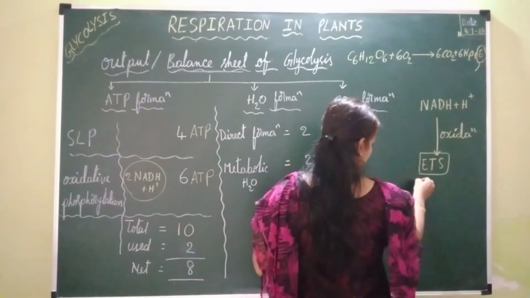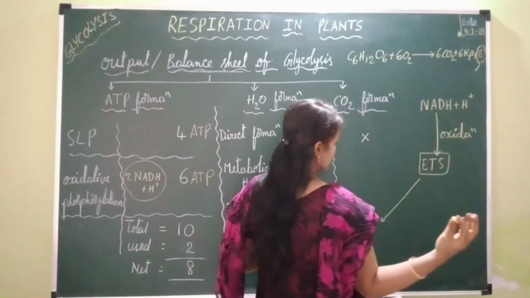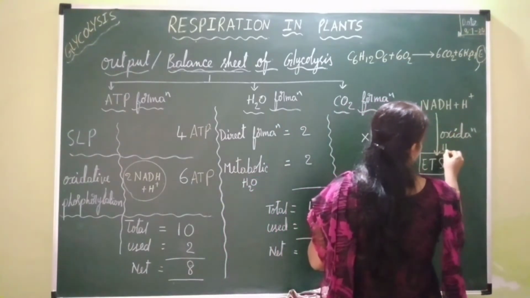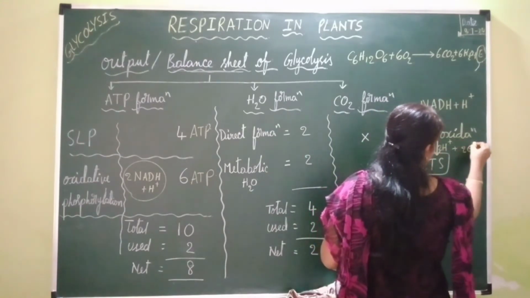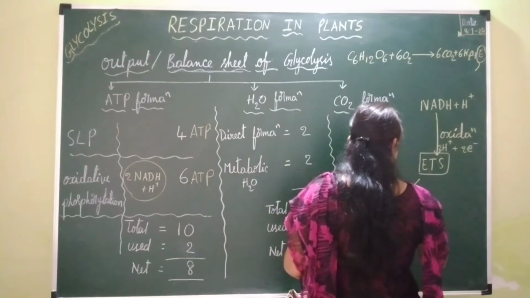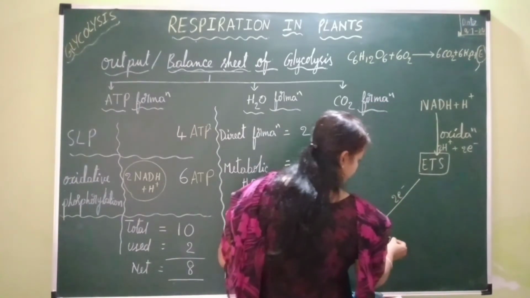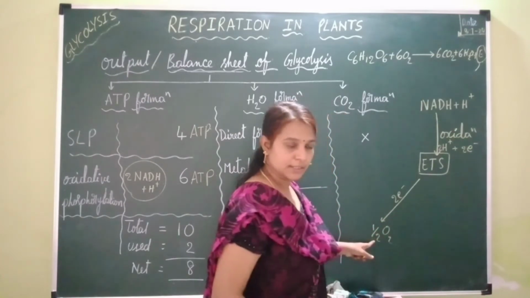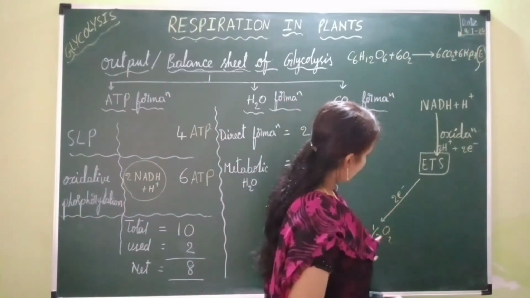So after oxidation, what will be released from NADH plus H plus? Protons and electrons. 2 protons and 2 electrons will be released. These 2 electrons are transferred through ETS finally onto nascent oxygen, half O2, because this is aerobic respiration.